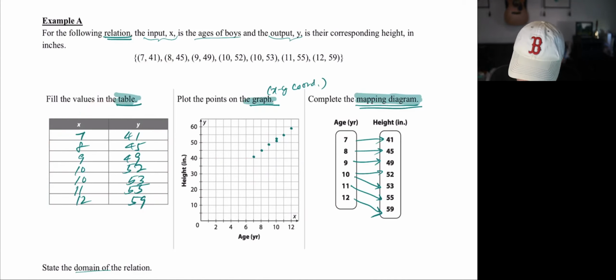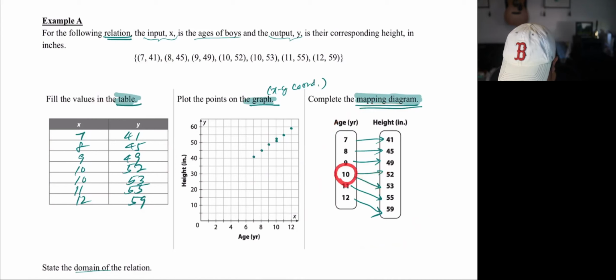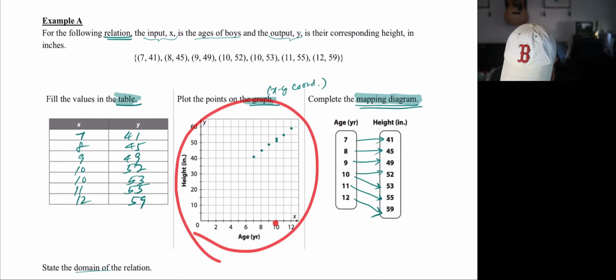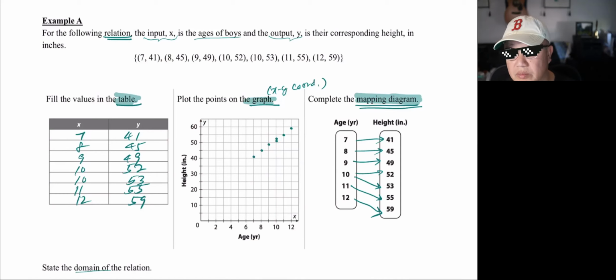But this gives you how the numbers sort of go. You could clearly see over here that the number 10 goes to two different values, and that might be hard to see over here. And over here, you could clearly see that 10 has two different y values. So they all have strengths and weaknesses. So depending on what we need, we choose the appropriate way to display the information.